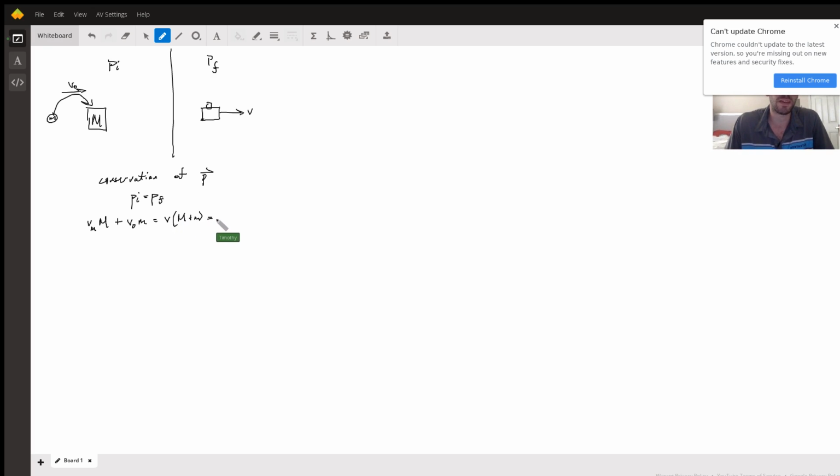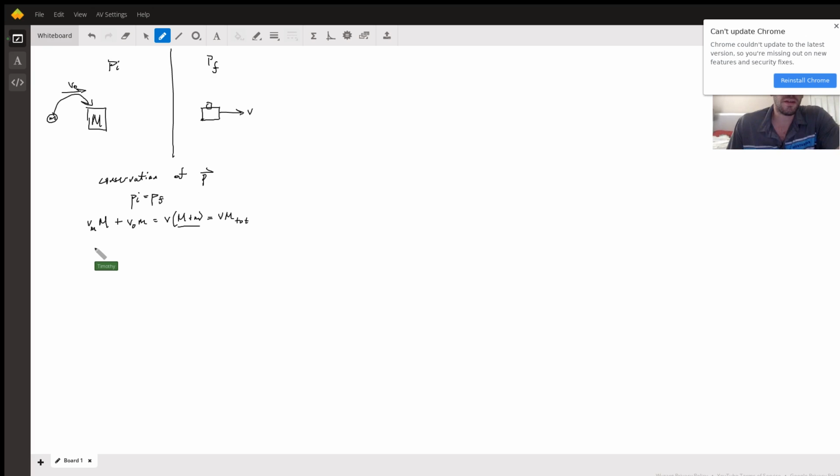And this is the same exact thing as saying v times m total. Okay, so if this makes sense so far, that you have two separate masses adding together to get a combined mass with some combined velocity.